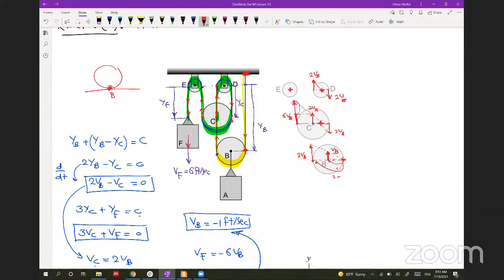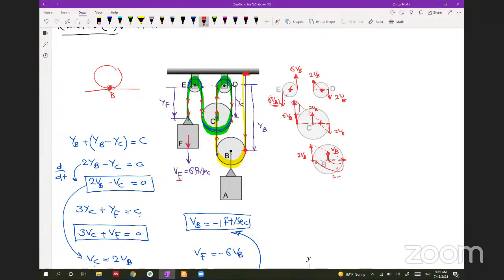And then 6VB will go up here because it's on the same cable, so 6VB, and you know that this is 0, so you draw a line tip to tip and tail to tail. So the velocity of the cable here will keep going down at 6VB, and this will be equal to VF.